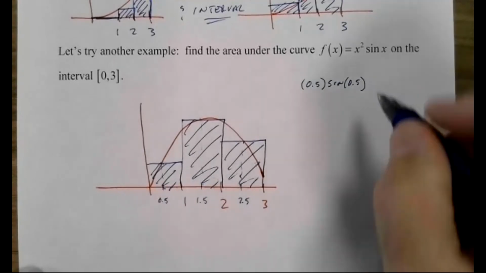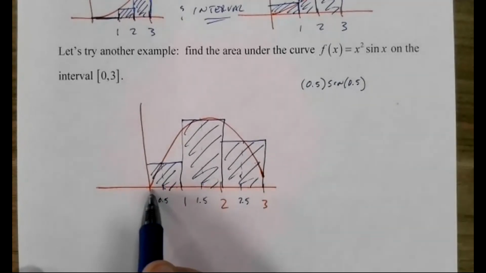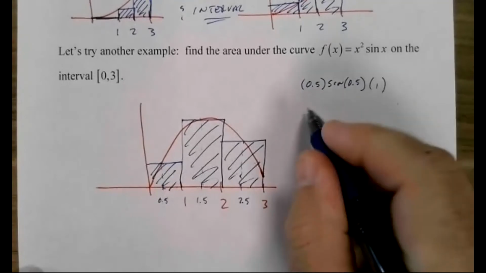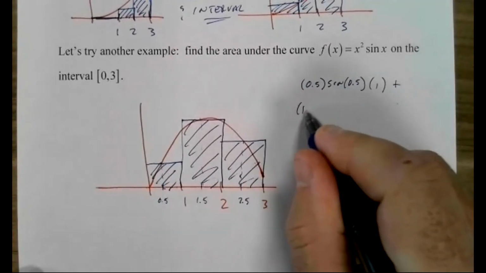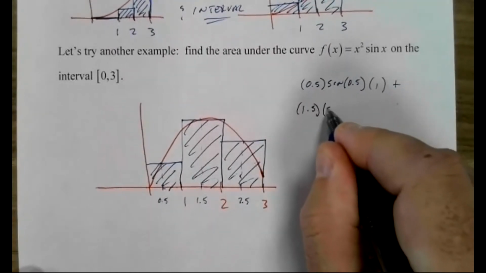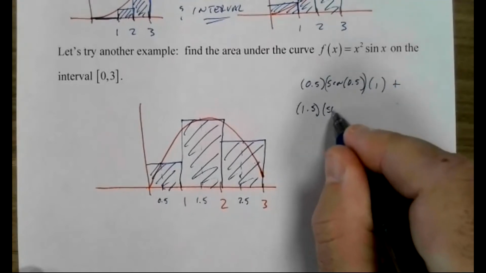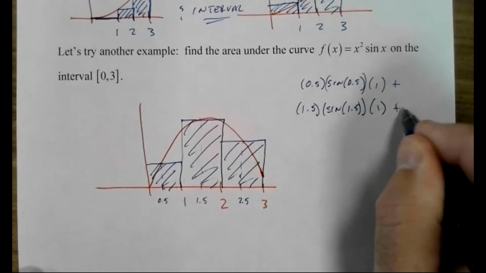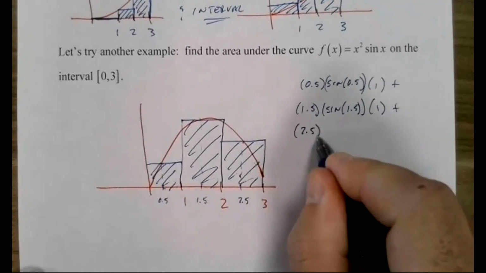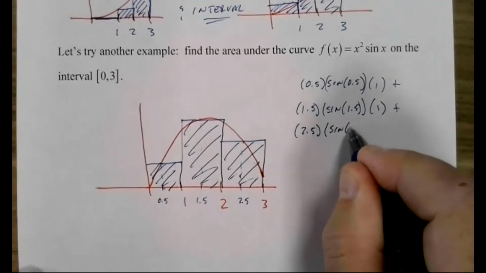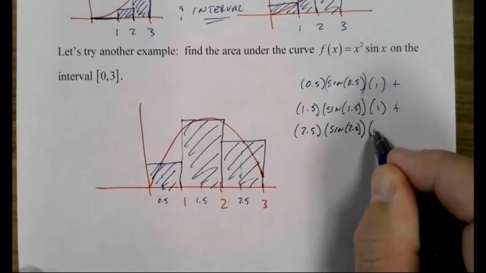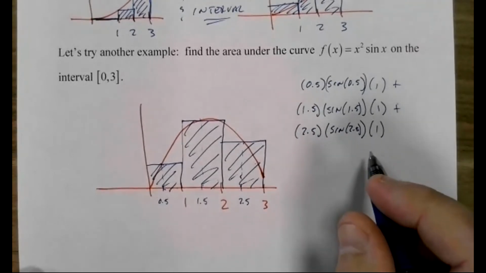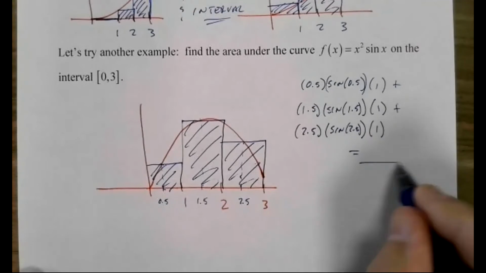That's the height times the width, 1, plus 1.5 sine of 1.5, make sure our calculator's in radians, plus 2.5 sine of 2.5 times 1. Put it together and we get a number.